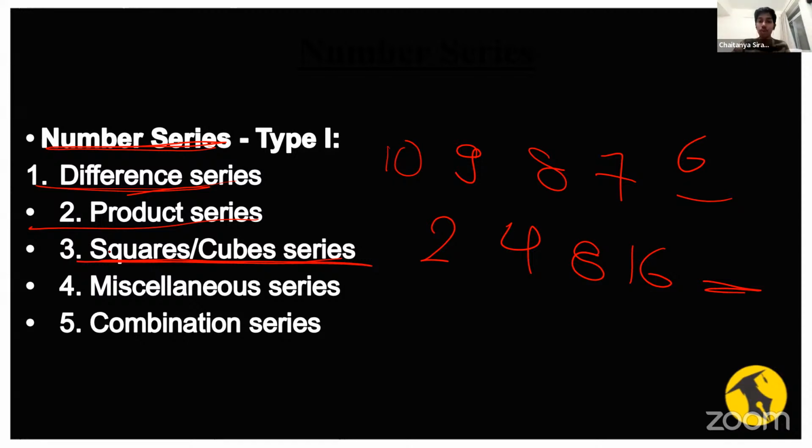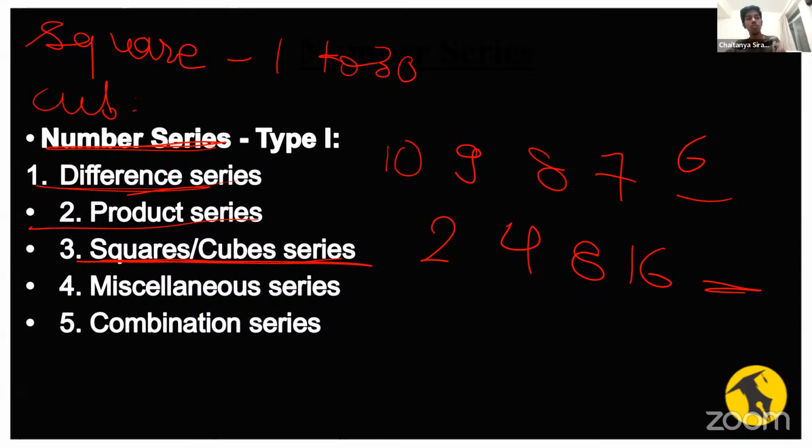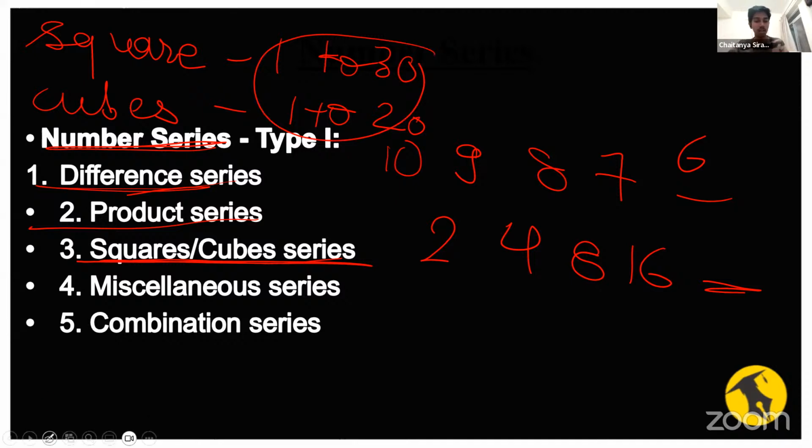For squares and cubes, you must be thorough with squares from 1 to 30 and cubes of 1 to 20. I would recommend this as an ideal number of cubes and squares to remember.